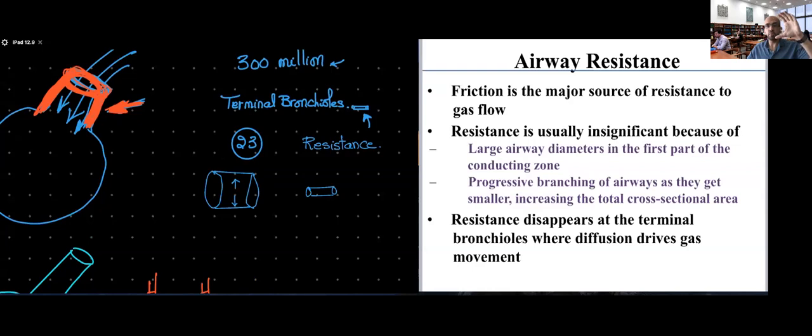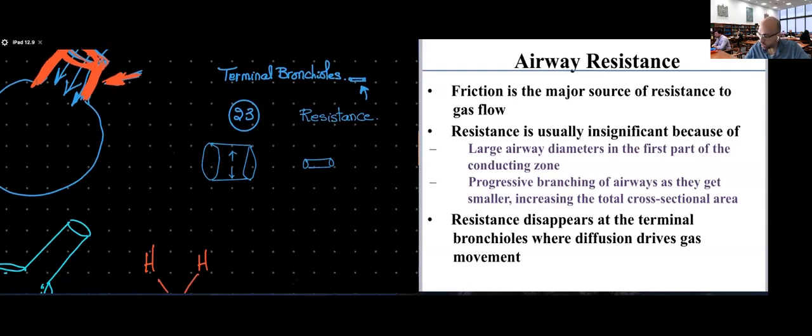If you have a large diameter, flow is going to face very low resistance compared to if you have a very small diameter, squeezing stuff through the small diameter. So if I have a small diameter, this tells me I have high resistance, right? And if I have a large diameter, I have a very low resistance.